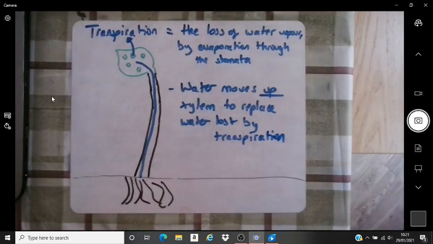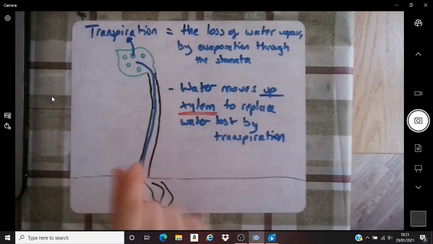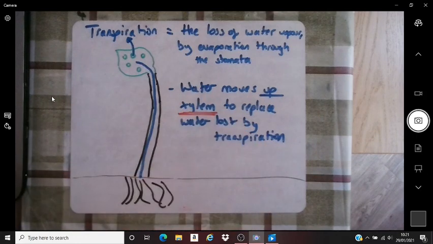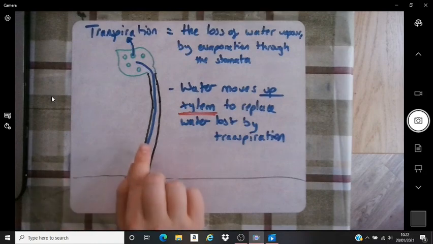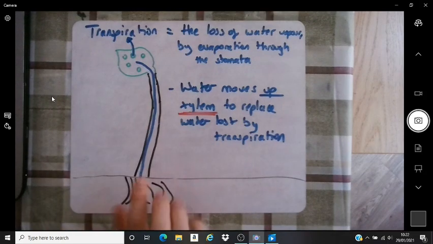The key term there is that you're mentioning to the examiner that the water's moving up the xylem, not the stem. I know it is going through the stem, but we can be specific with our plant tissue, xylem. And like I said, because water's sticky, for all the water that moves upwards, it'll just drag other water molecules up and up and up. And think what that does to the roots.